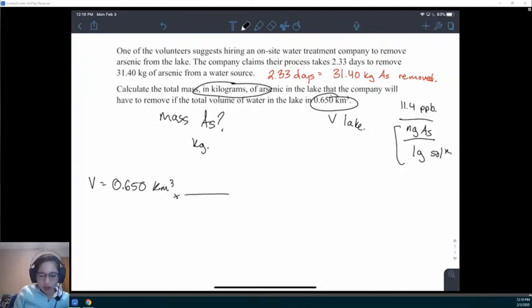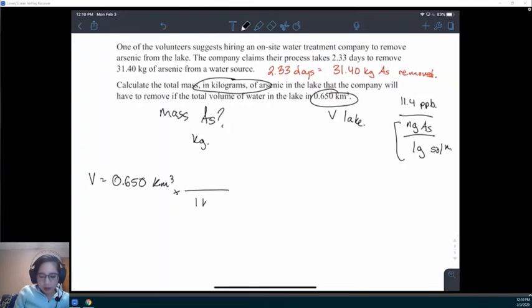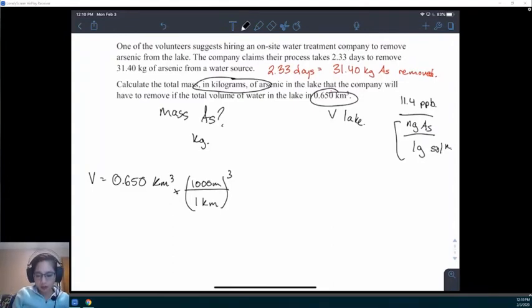So I know that in 1 kilometer, there is 1,000 meters. But because it's kilometer cubed, I actually have to cube this whole thing. So when you stick it into your calculator, you want to do times 1,000 caret 3. All right. So now we're in meters cubed. But I want to get this to centimeters cubed because remember, a centimeter cubed is the same as a milliliter.